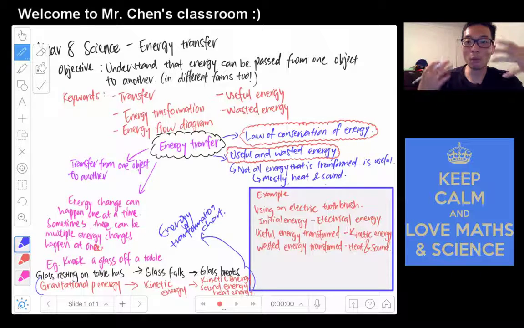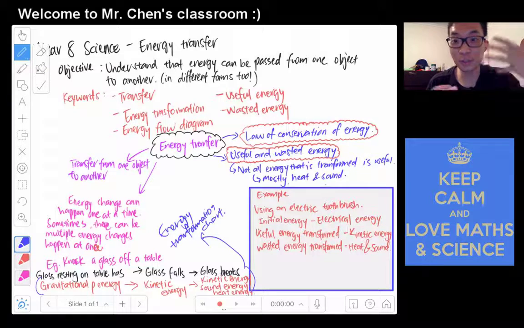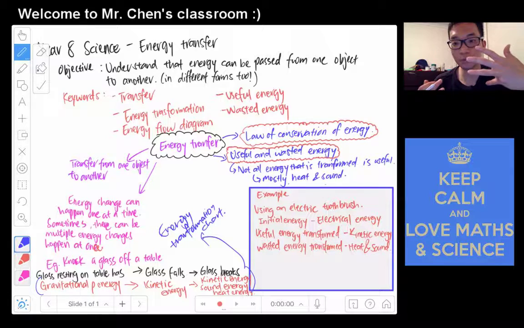What we define as waste energy is energy that is unnecessary, that has been transformed into. I'm going to give you an example here. Most of the energy considered waste energy is heat and sound energy. They don't serve many purposes. That's why they are not useful.